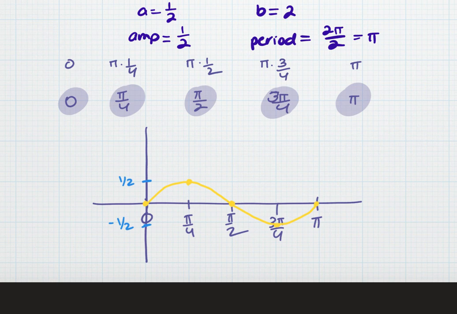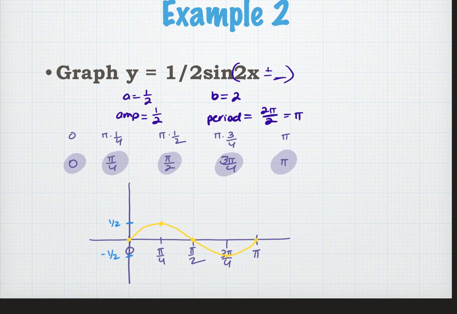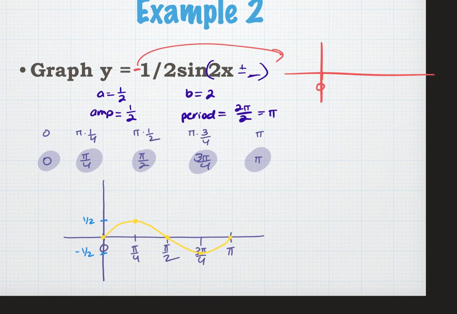Questions on that one? All right, so now what would have happened had I put a negative on the front of this? What do you think a negative does to the graph? It flips it upside down, just like every other graph. So if I had a negative on this graph, everything would have been the same.